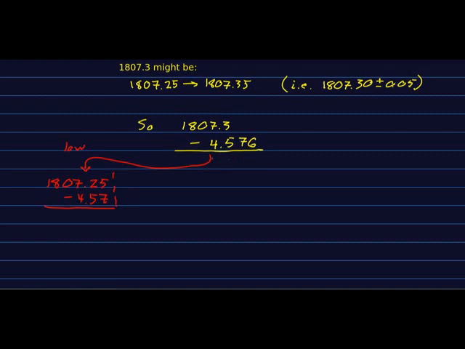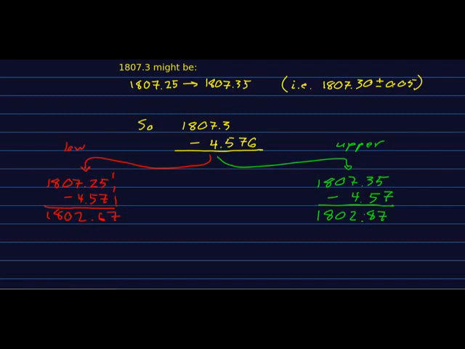Or an upper limit of 1807.35 minus 4.5, and again I'll stop writing at the 7. So if you just carry out those two subtractions, you get 1802.67 and 1802.87.